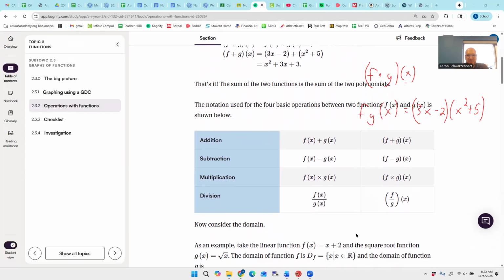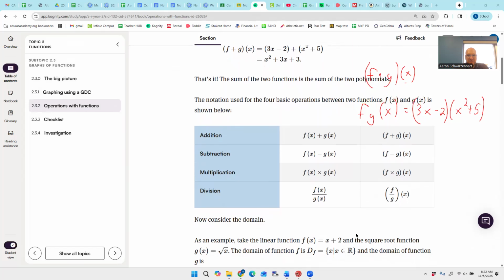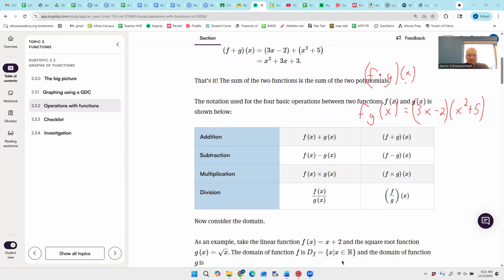When we're doing these operations, let's talk about what the domain means. They're saying the domain of the function equals set braces x such that x is a real number.